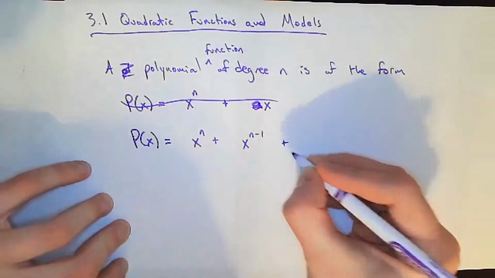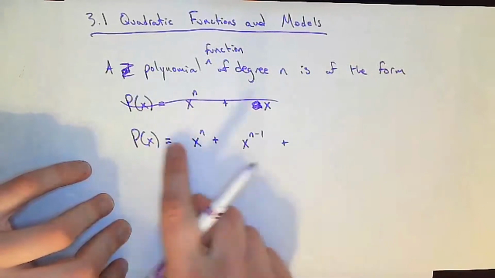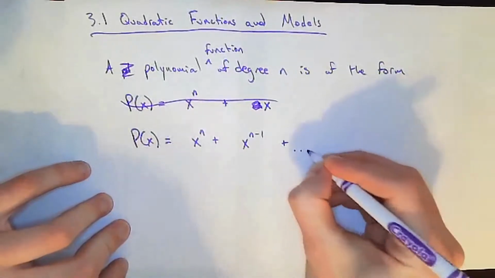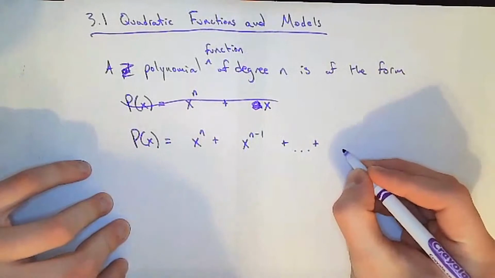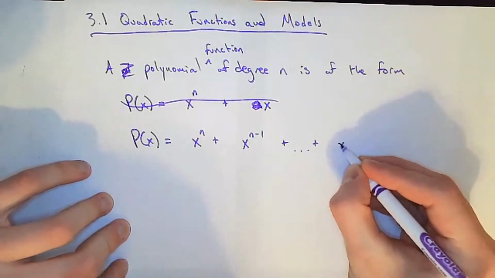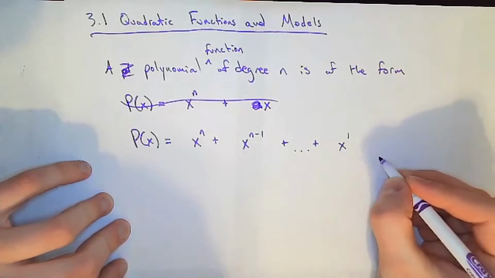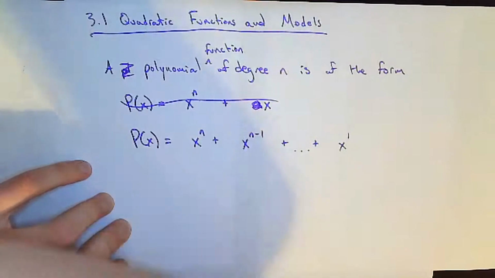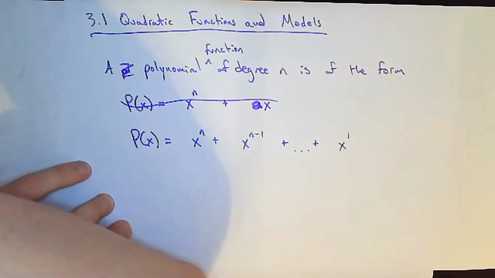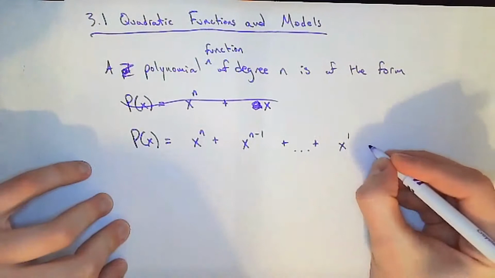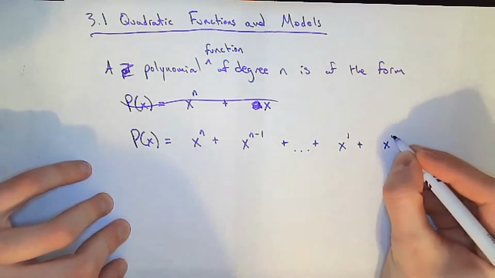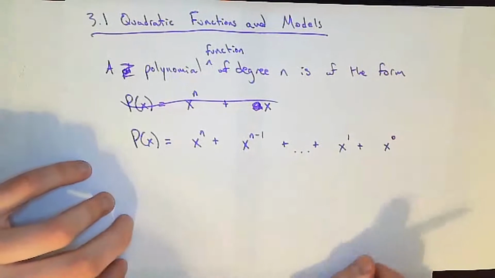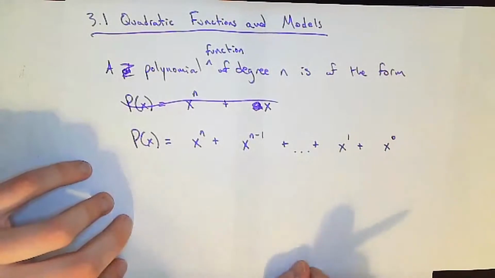Since I don't know what n is in this generic form, I'll put ... and then my next to last term is the linear term, the one with the x to the 1st. So x to the 1st, and then the last term is the constant term, which I'll say x to the 0, because recall x to the 0 is just 1. So this is going to be the constant term.